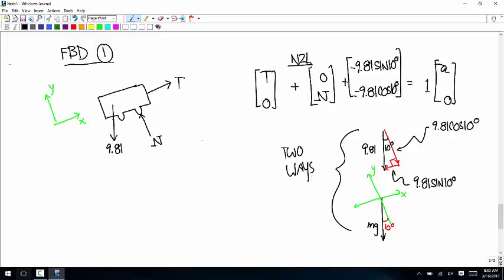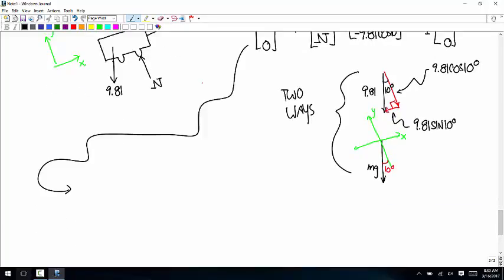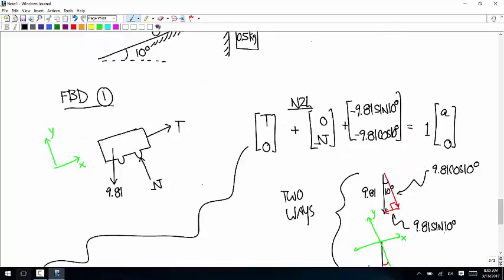Okay, so I'll move this down here. We're trying to find A. The second equation doesn't have A in it, so I'm going to leave that out, and we're just going to use the first equation.